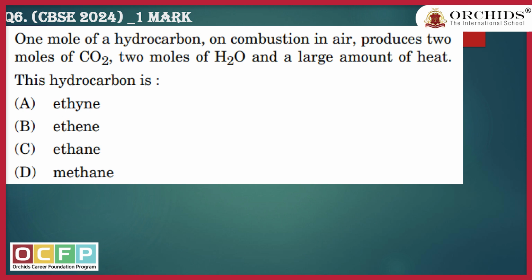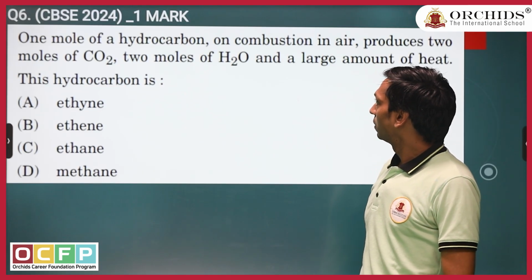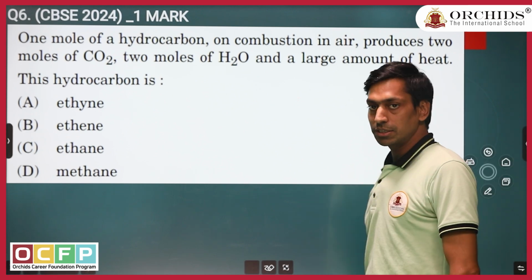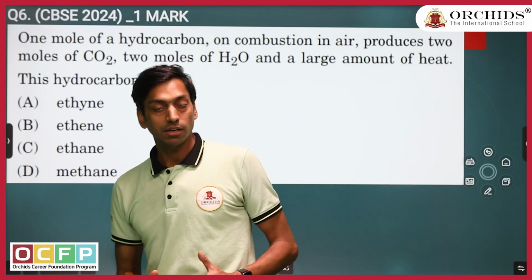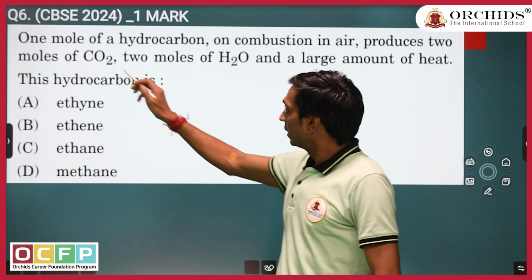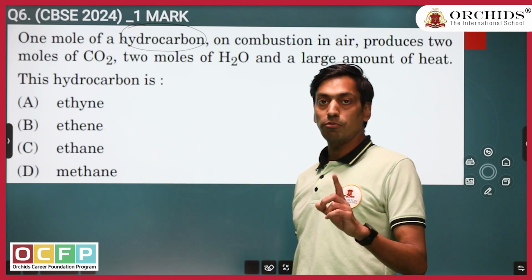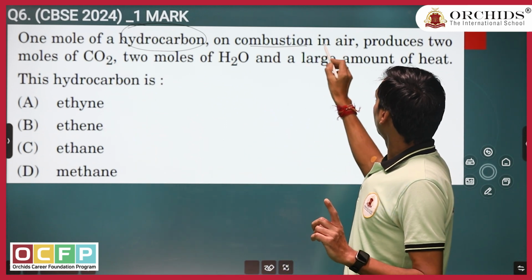Question number 6. This question is from the 2024 paper. In this case, we have to balance the equation, and based upon that, we have to predict the compound. It's a good question actually. 1 mole of hydrocarbon, we don't know which hydrocarbon, on combustion in air.